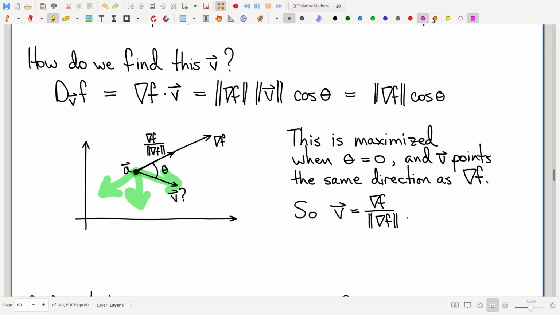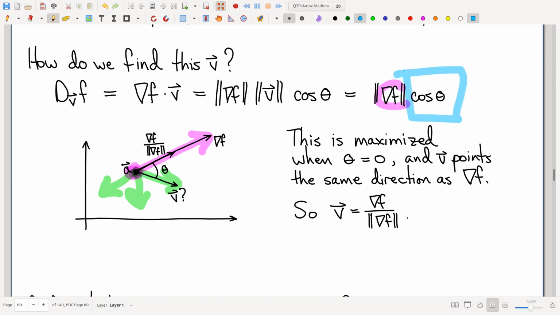And since the gradient is computed at the point A, as I contemplate my options of unit vectors V, the gradient is fixed. It's not changing. The gradient does not depend on which direction I'm contemplating moving. So this is constant too. So in fact, what we really need to optimize, it's as simple as this.